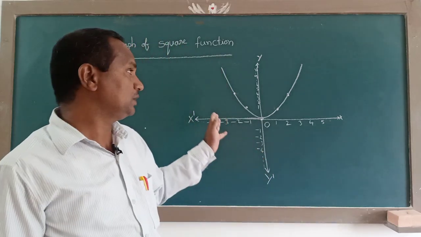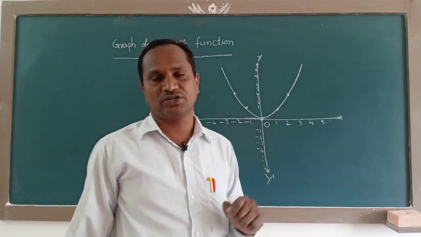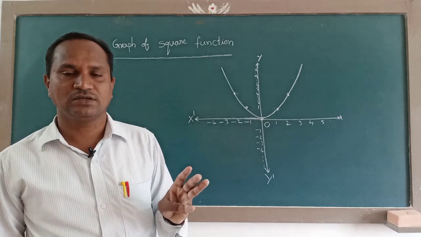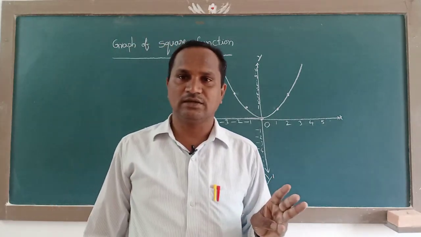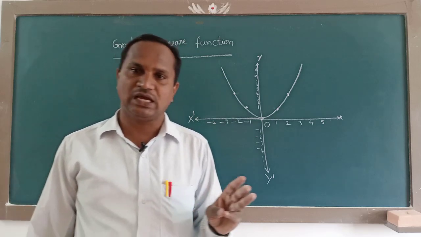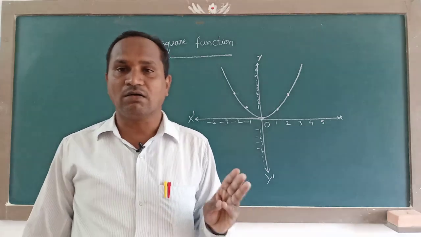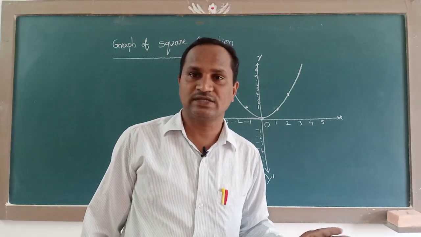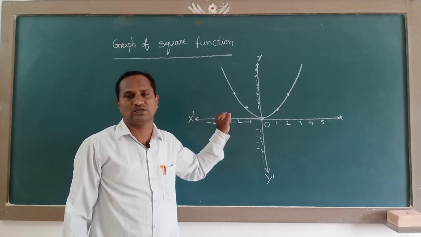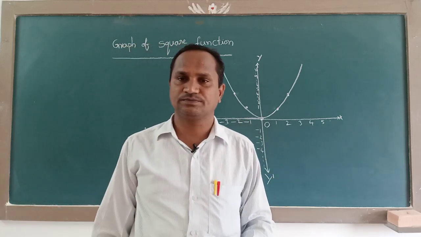Like that we show the graph of the square function. I have given the definition of the square function, its domain, codomain and range, some reasons, and finally the graph of the square function.